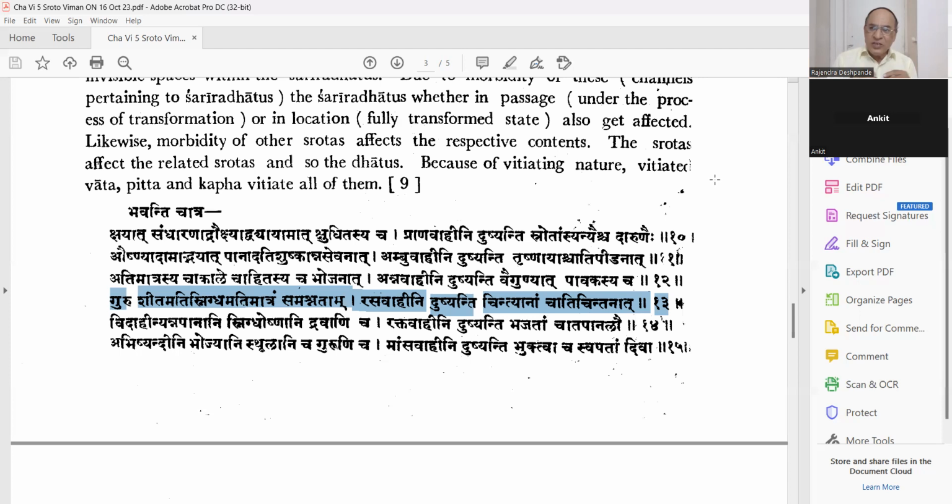If you are eating too much fatty food, cholesterol increasing food, that can be a problem for digestion. Atisnigdha. Okay. Then, for example, sweet substances are always guru and atisnigdha. Any sweets, it may be shrikhand, basundi, gulab jamun, jalebi, any Maharashtrian, South Indian, Gujarati sweet substances all the time, that is also guru and snigdha.